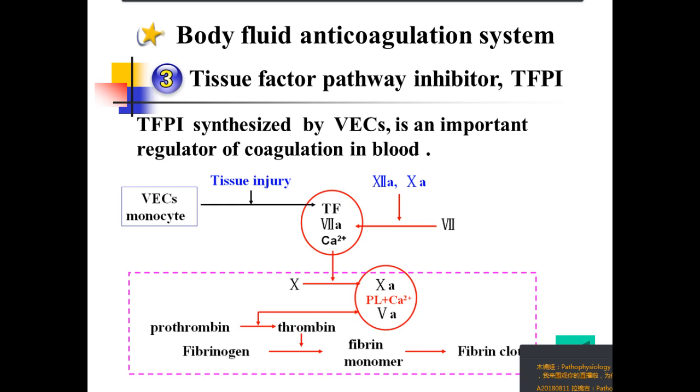First, we know there is the intrinsic or extrinsic coagulation pathway. Tissue damage, tissue factor, so it is the extrinsic coagulation pathway. TFPI function: first, it can combine with coagulation factor 10 and lead to decreased factor function.